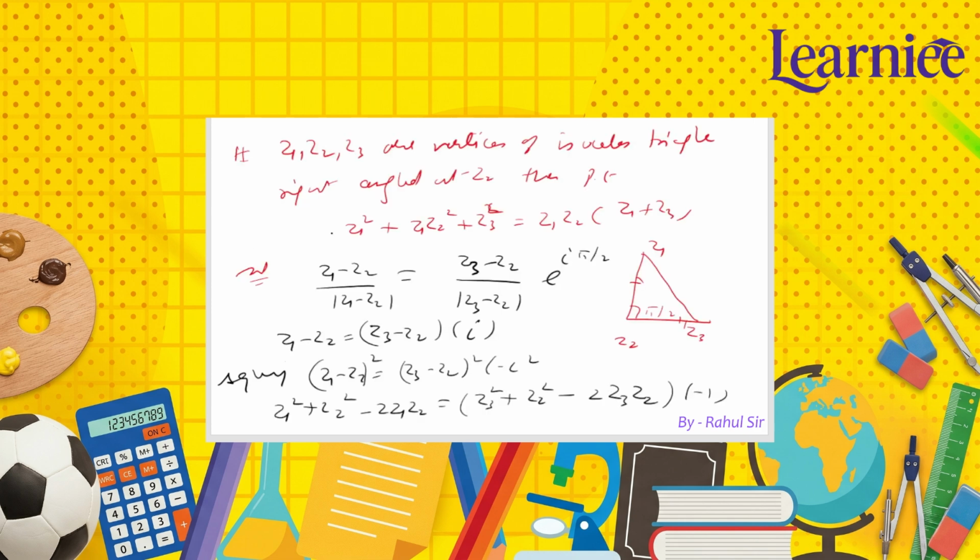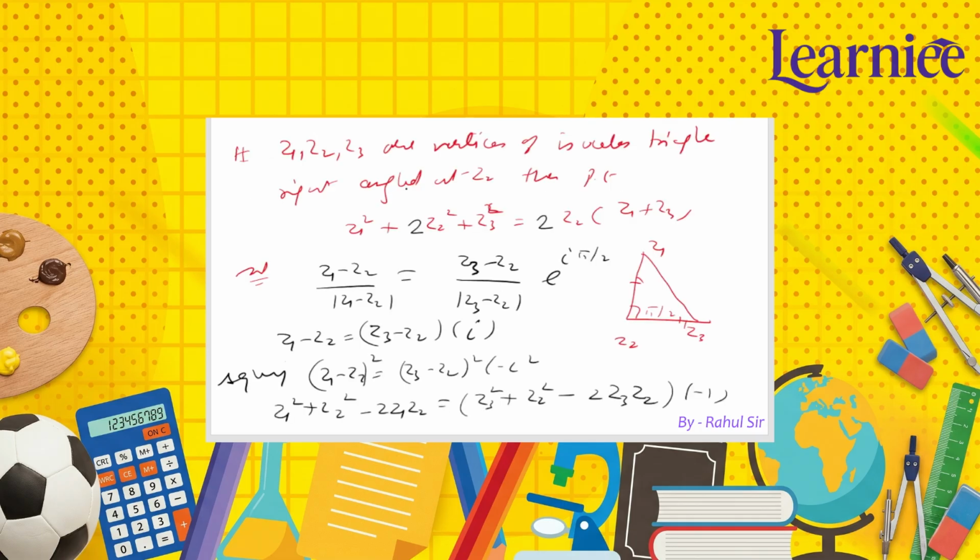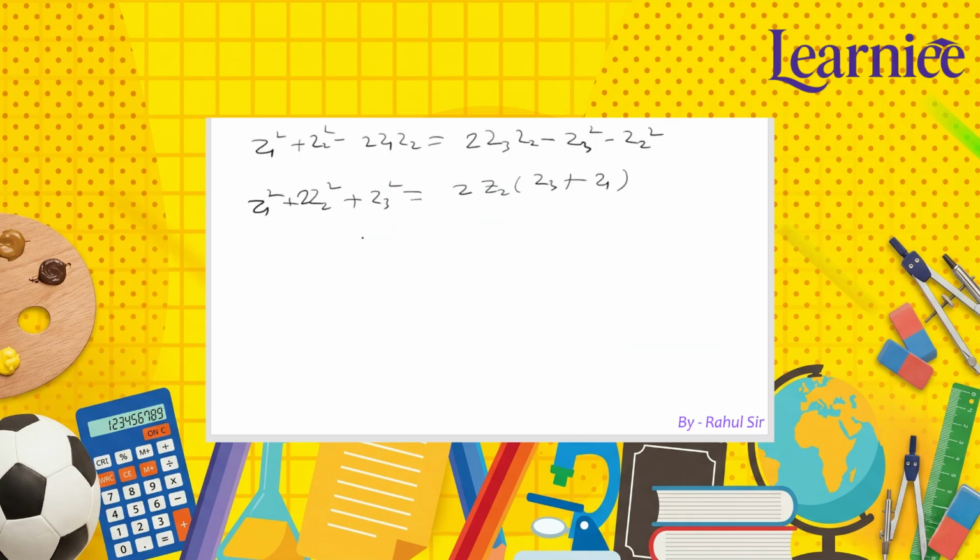By the way, here it's a 2, and here also it will be 2. So 2 Z3 square is equal to, I will take 2 common, and Z2 is also taken common, so it will be Z3 plus Z1. Yeah, this is the way to prove. So this way we are able to prove this particular relation between Z1, Z2, Z3 using the concept of rotation.